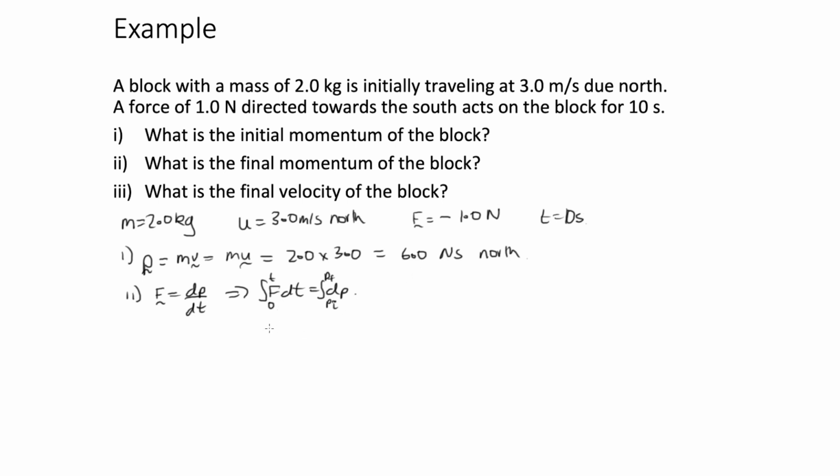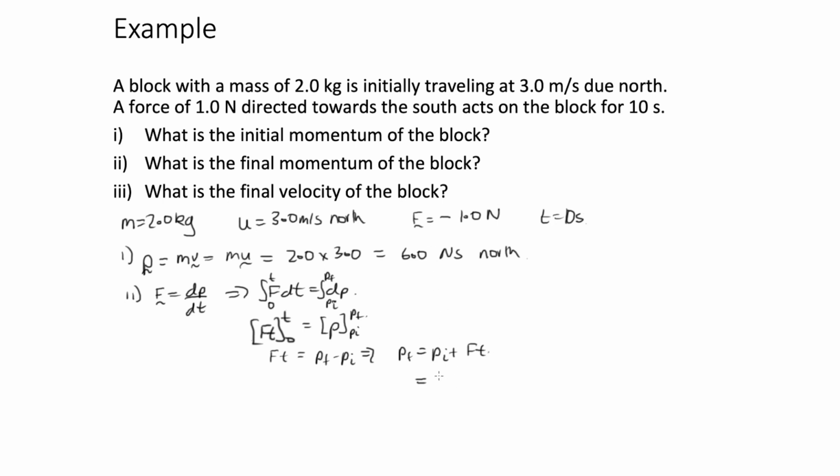So we can say F from 0 to t is equal to p from p initial to p final. So F times t is equal to p final minus p initial, which tells us that p final is equal to p initial plus the force times the time.